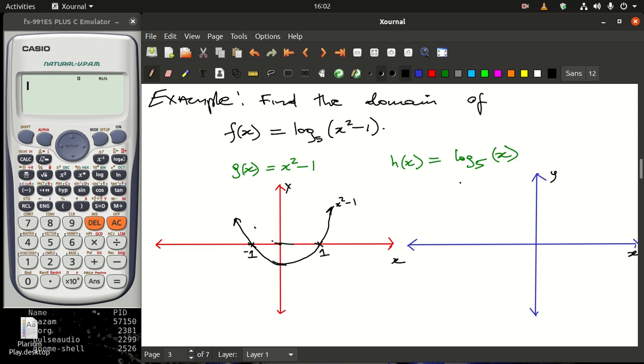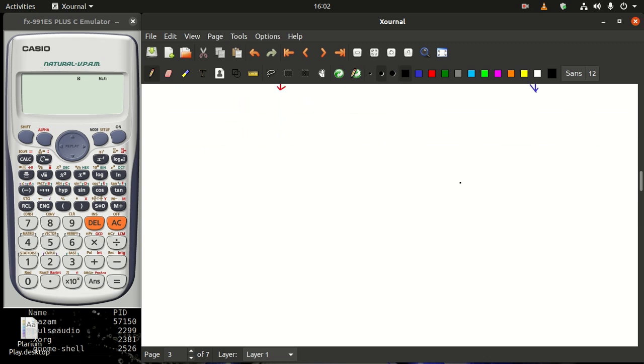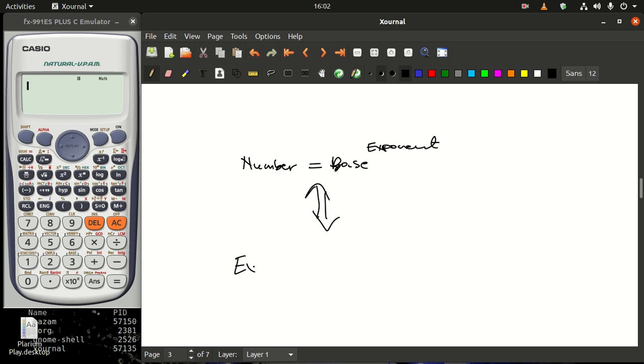This becomes a little bit tricky, but one thing that I wanted us to note here is that whenever you have a number that is equal to a base raised to an exponent, this is equivalent to saying you have an exponent that is equal to log base, and then a number.